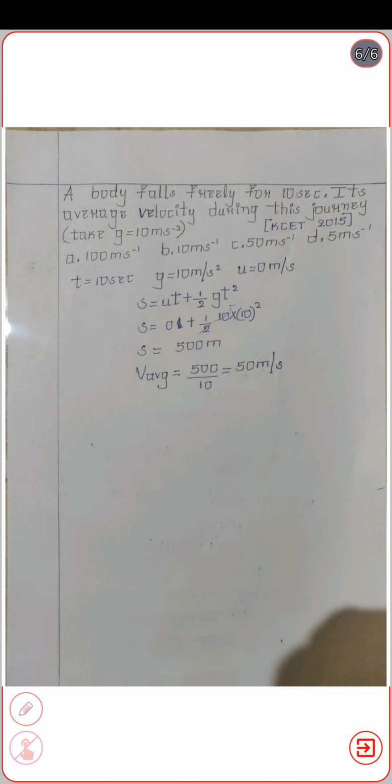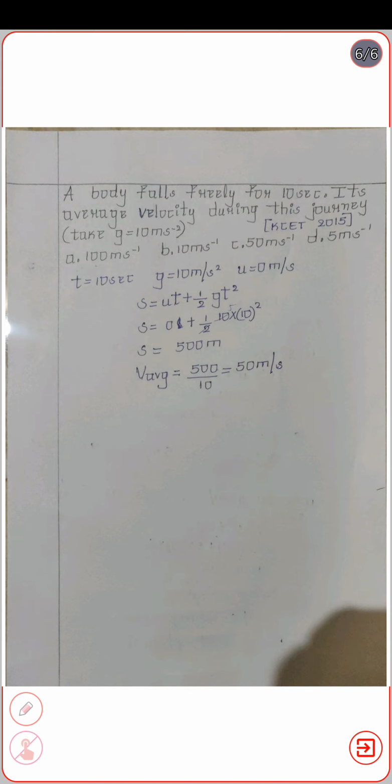So u equals 0 meter per second. We'll use the equation of motion s equals ut plus half gt square. As u is 0, the first term ut becomes 0, plus half into 10 into 10 square. Then 2 into 5 gets cancelled, and 100 into 5 is 500 meter.